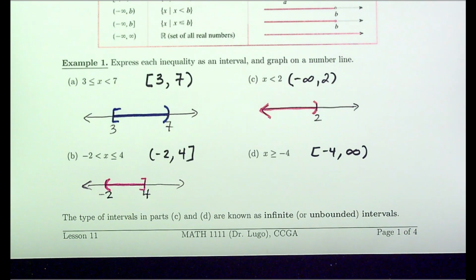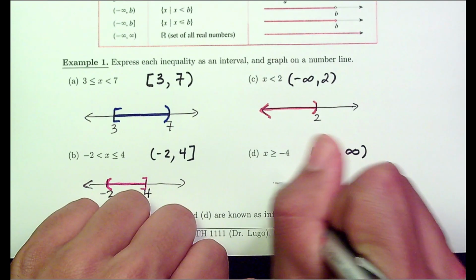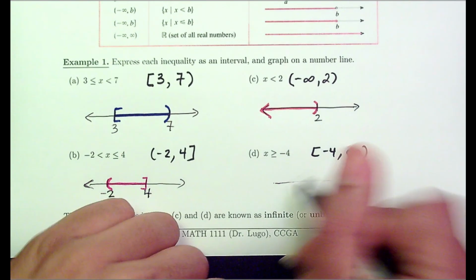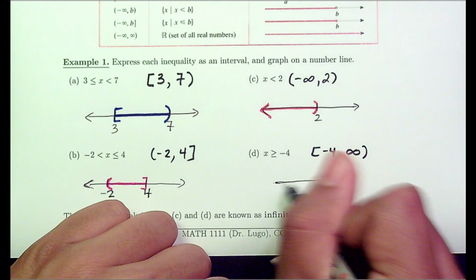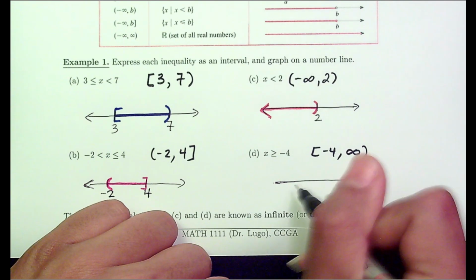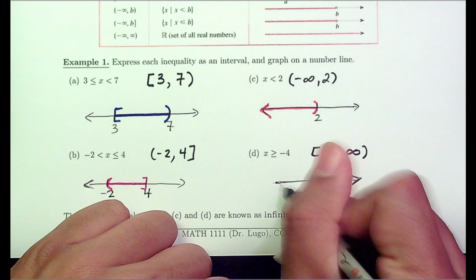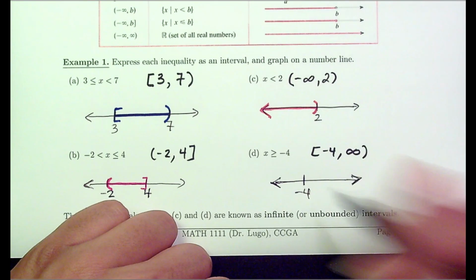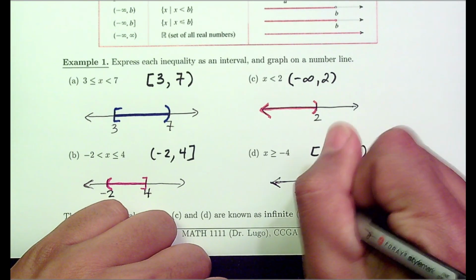Okay, and then the picture for that, the graph. I'm going to draw only one tick mark for -4 because that's the only number that I'm seeing.